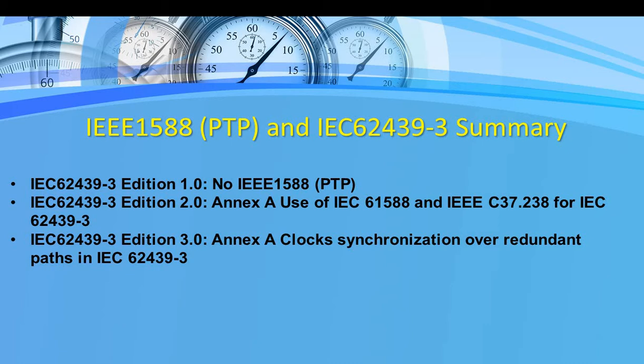Edition 3.0 is the latest edition. It mentions 1588 for the second time, with some improvement regarding 1588 compared to 2.0, on how to implement 1588 over a PRP/HSR network.